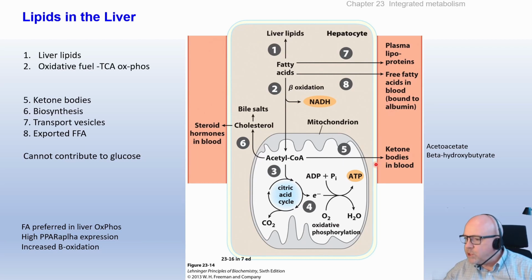And then I forgot to mention, of course, very importantly, under starvation conditions, fatty acid beta oxidation and acetyl-CoA can lead to the generation of ketone bodies, acetoacetate and beta-hydroxybutyrate, which can be exported from the liver to the blood and used to fuel tissues, including the brain, the glucose-dependent brain.